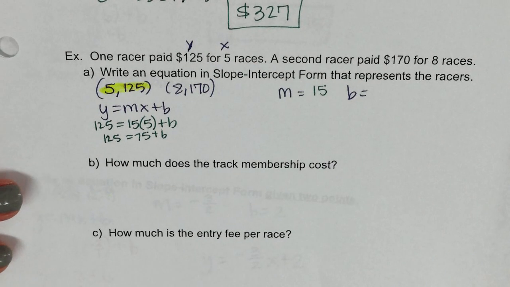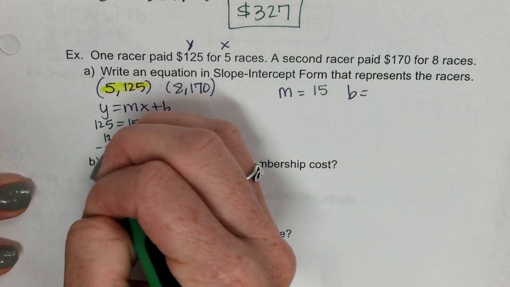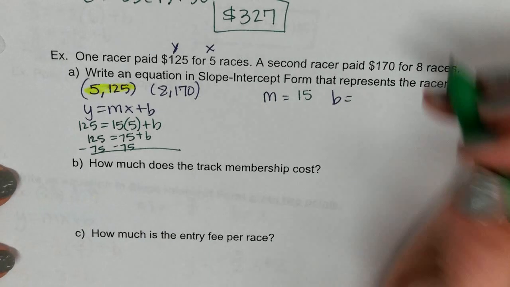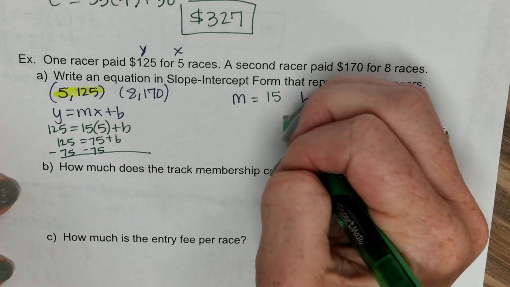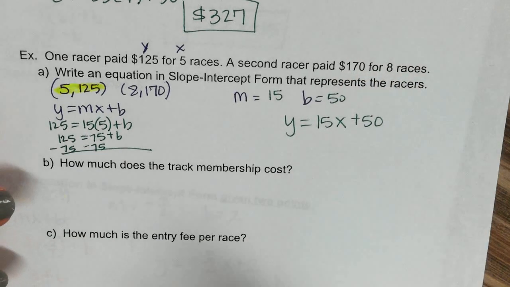How do I move the 75? Subtract. And 125 minus 75 is 50. So my b is 50. All right, let's write an equation. y equals 15x plus 50.